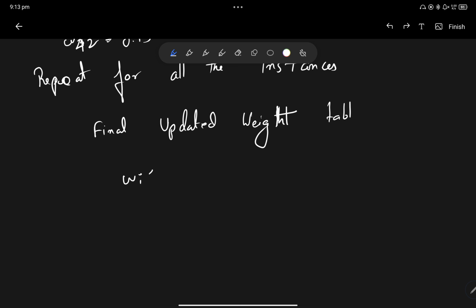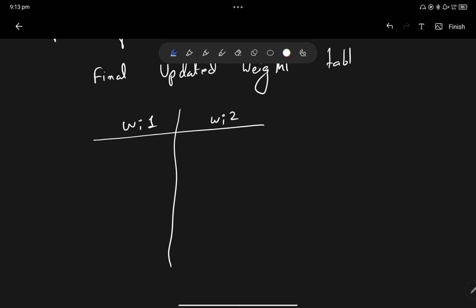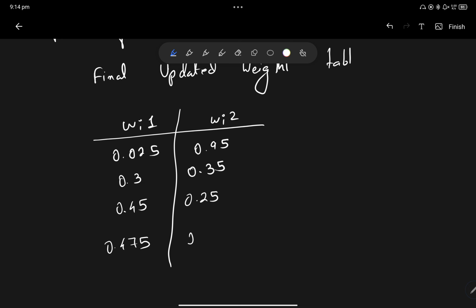So Wi1, Wi2, the updated values are 0.025, 0.95, 0.3, 0.35, 0.45, 0.25, 0.475 and 0.15.